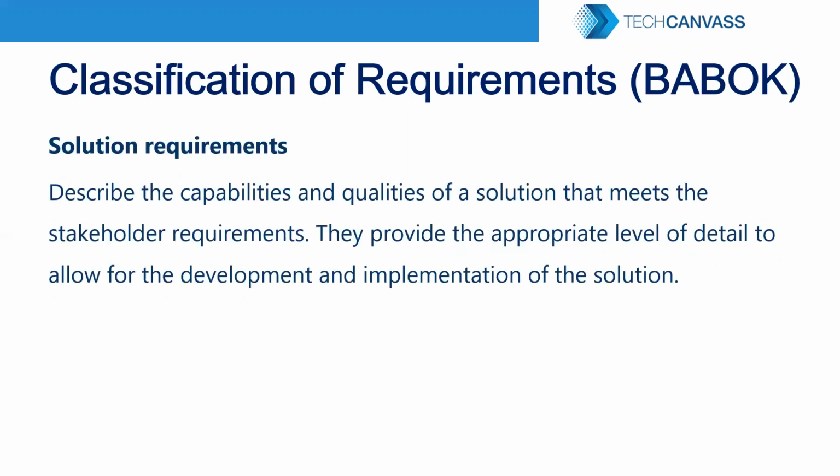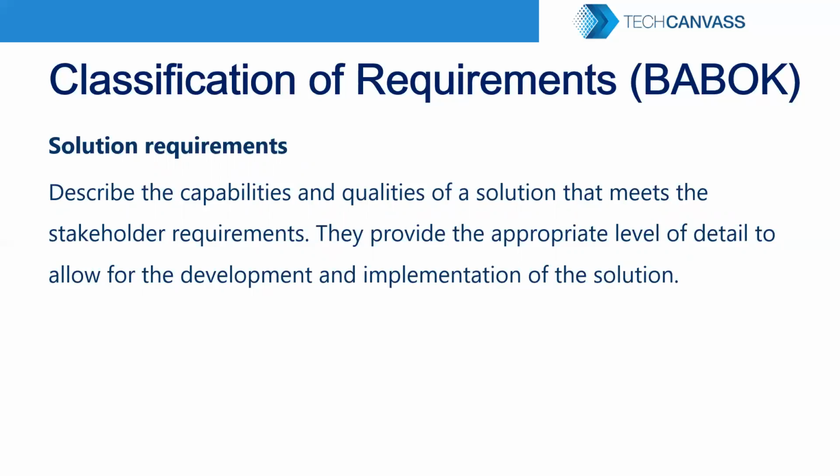Then you come to solution requirements. BABOK tells that the requirements which we refer to as D requirements are actually solution requirements. That means these are the requirements which will further be classified as functional and non-functional. And that is something which will be used by the developers and the technology team to develop the solution. That's why they are called solution requirements.